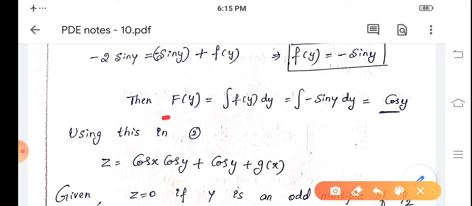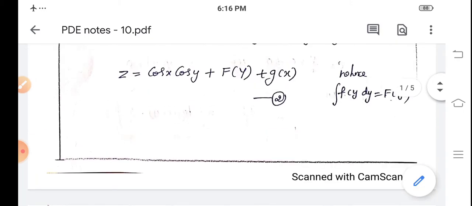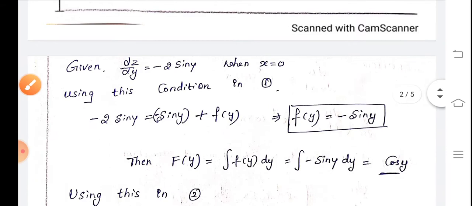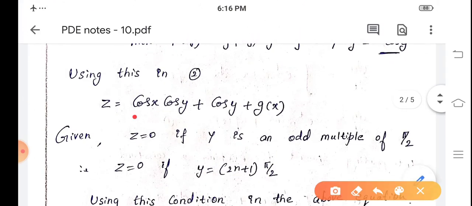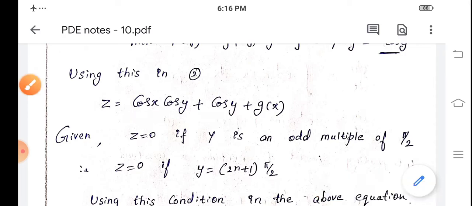So we obtain capital F of y = cos y. Now substituting capital F of y in equation 2, we write z = cos x cos y + cos y + g(x).